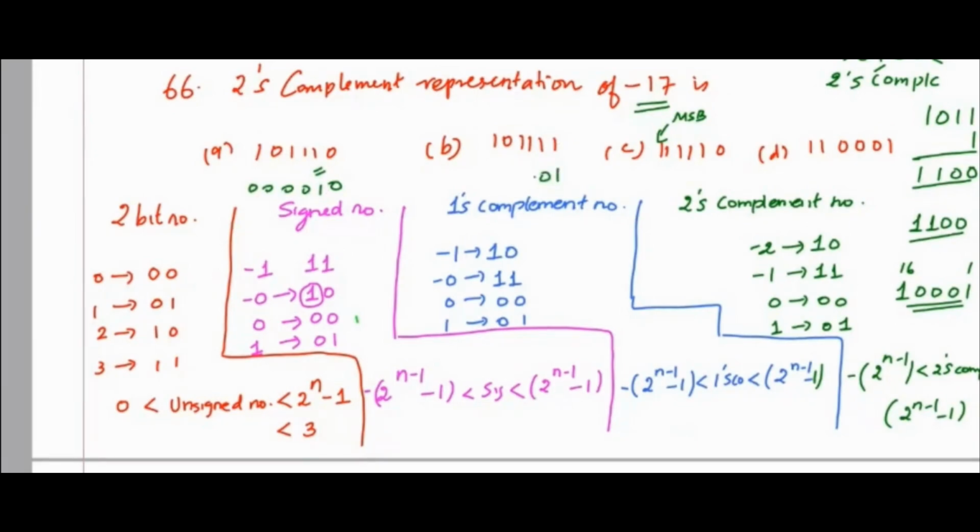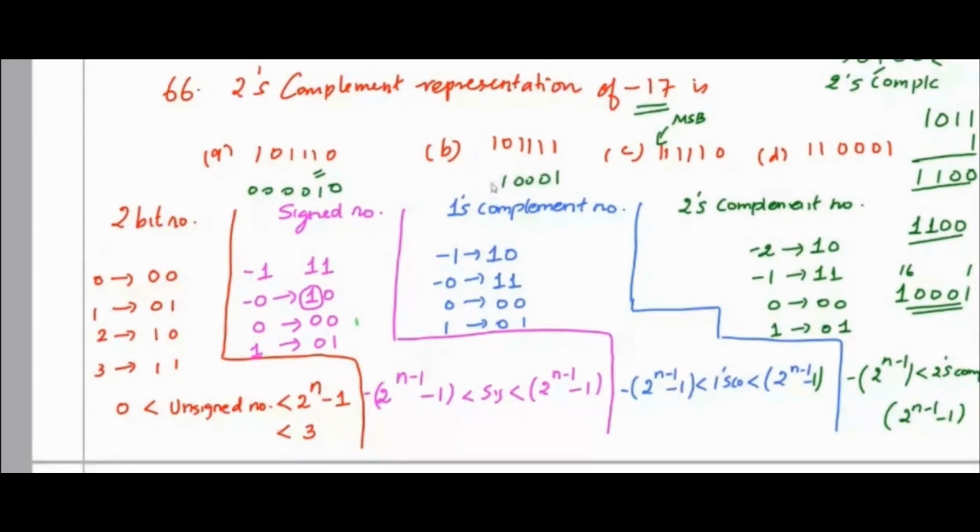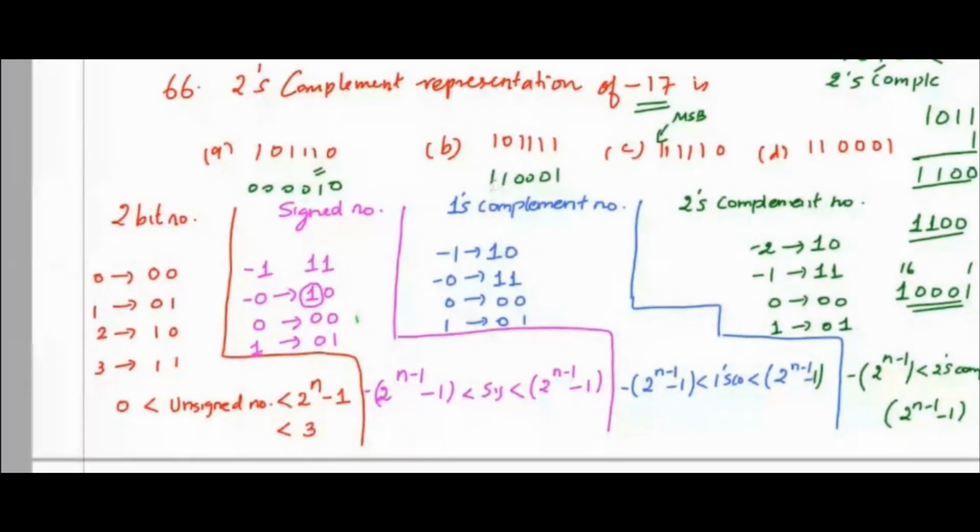So option B, 1 followed by four 1s, will represent minus 17.